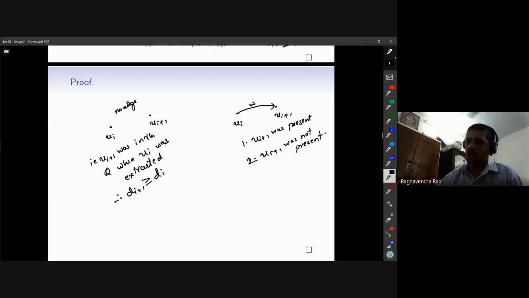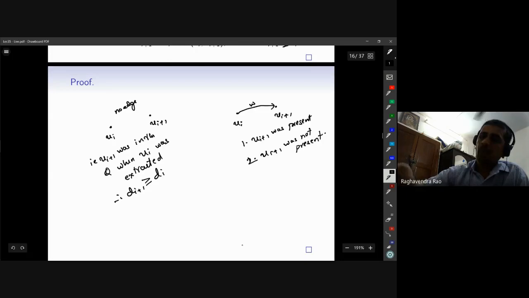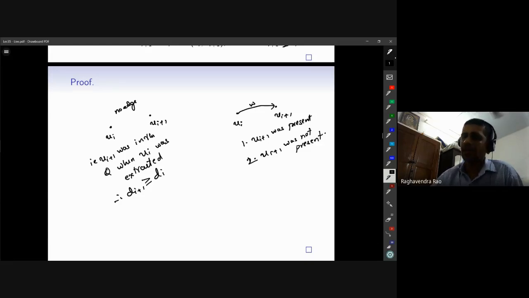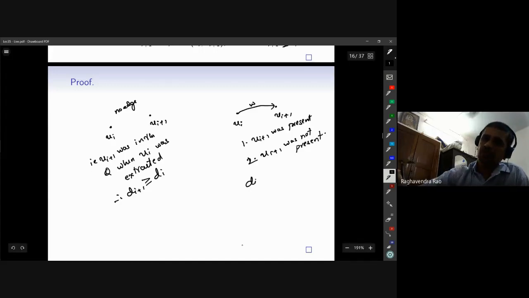So if it was present, then clearly at the point when ui was extracted, distance of ui plus 1 is greater than distance of ui, and even if you had updated it through decrease key, the distance of ui plus 1 is at most distance of ui plus weight.